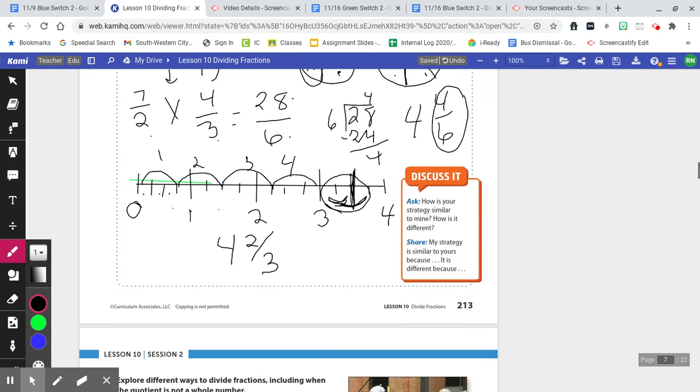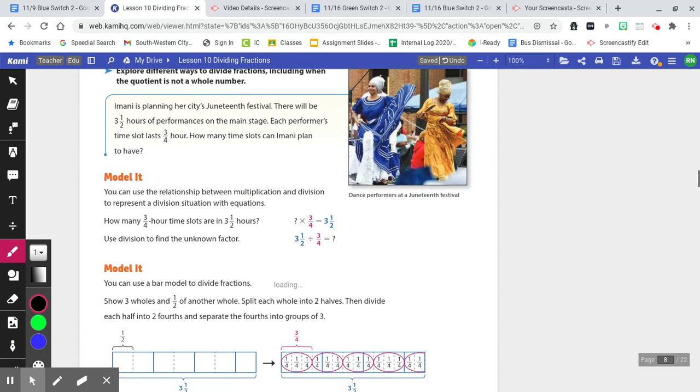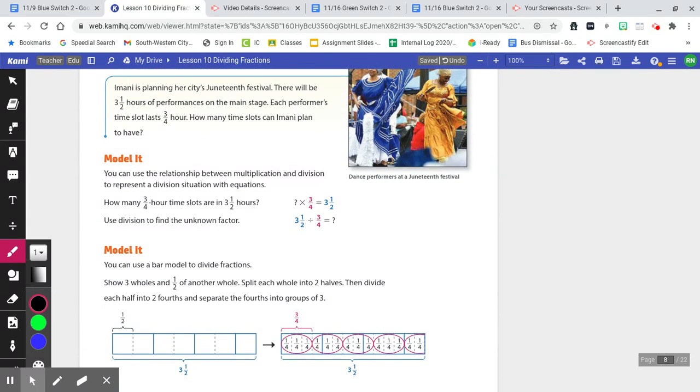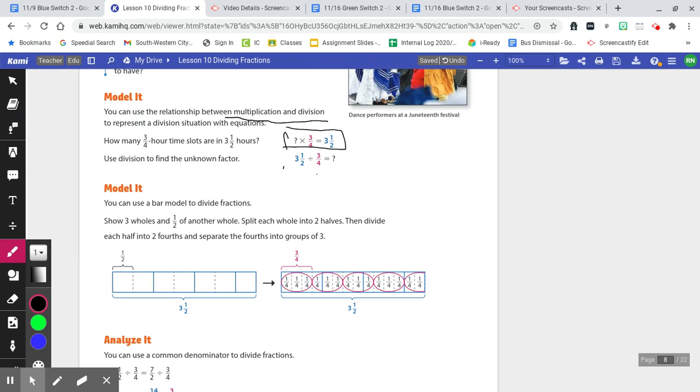Let's go ahead and look at the next page. Kind of quickly go through this one. So the different models that they could have used. You could have used the relationship between multiplication and division. So basically, how many times 3/4 equal 3.5, or 3.5 divided by 3/4. And then also the bar model, which is kind of the way that I did it with just a model.